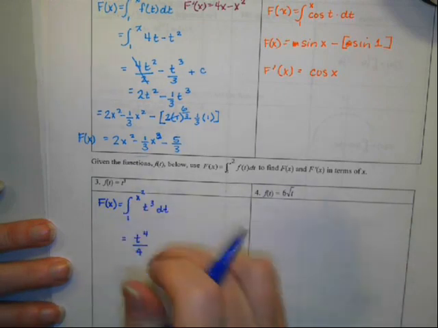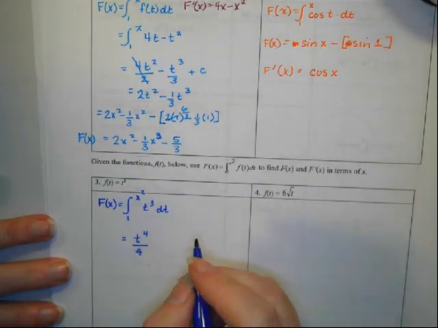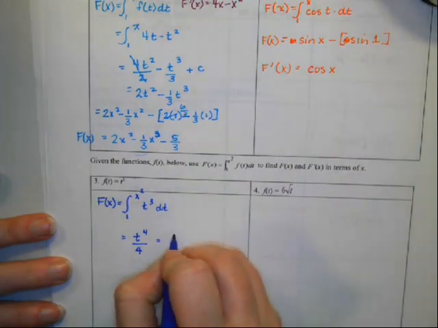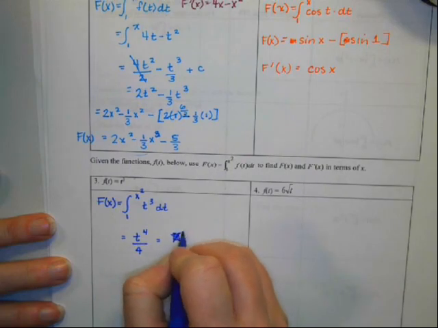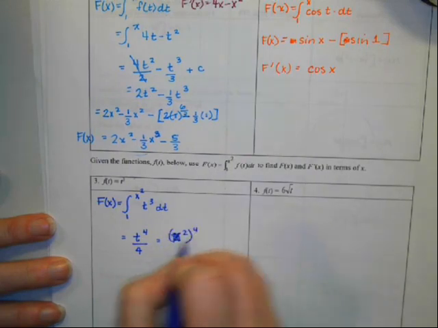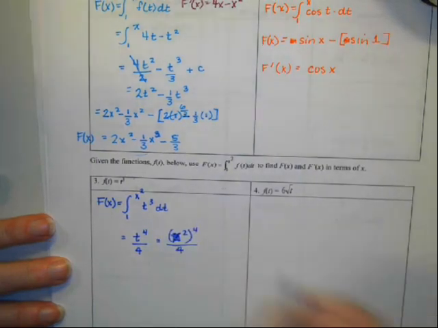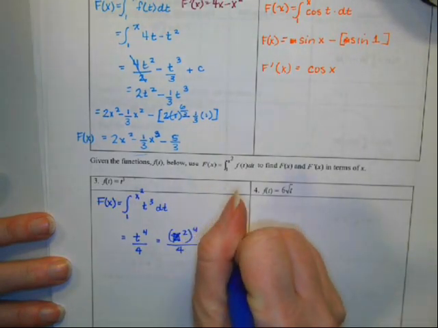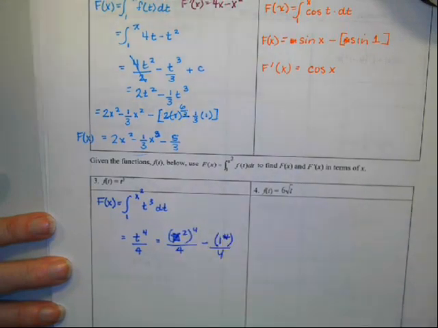And I'm going to plug in my boundaries. So that's going to be x squared to the 4th divided by 4 minus 1 to the 4th divided by 4.